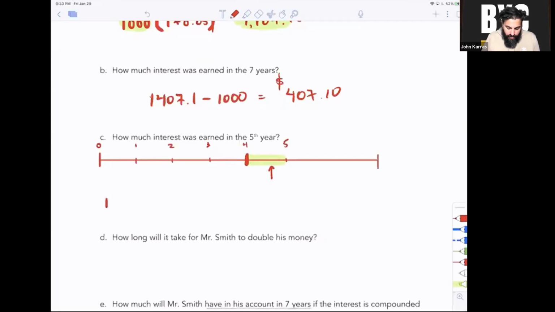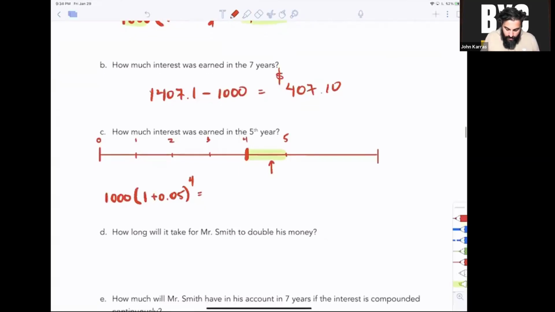So the first thing I would do is figure out, if I invested $1,000 at 5%, using the same formula as before, for 4 years, I would have $1,215.51 at this point in time. Which means that in the year that follows, I'm going to earn 5%, because that was my interest rate, of that amount.